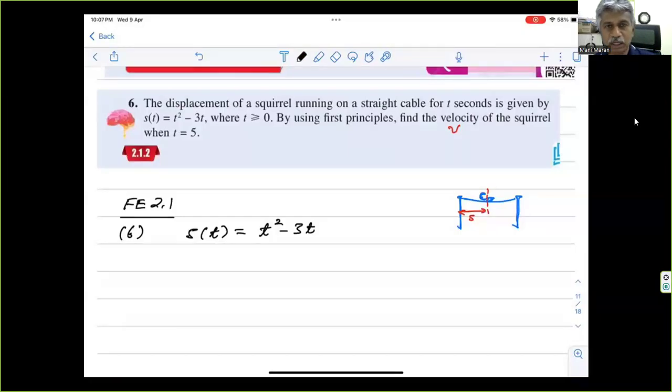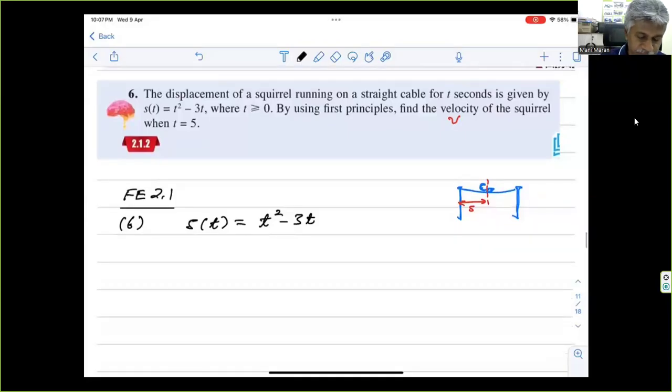Remember speed is equal to distance divided by time. So v, which is a function of time, is actually given by ds by dt, where s is also a function of time.